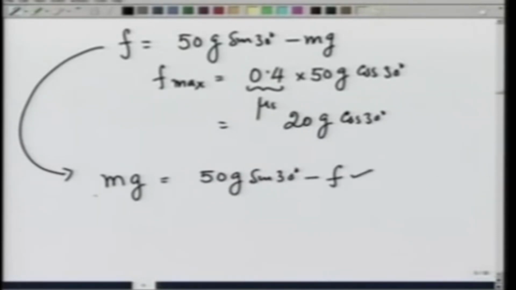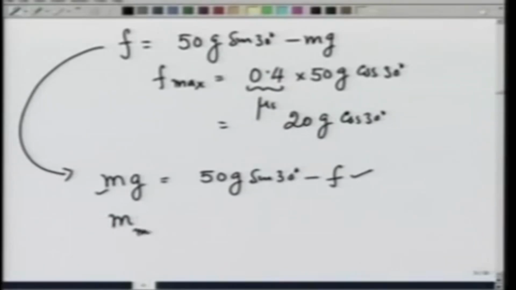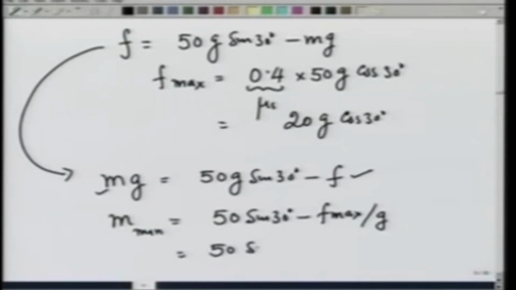When F is maximum, m is the minimum possible value of small m that gives me equilibrium. So, m minimum, that will give me equilibrium, would be equal to 50, I am dividing by g on both sides, sine 30 minus F max divided by g, which is 50 sine 30 minus 20 cosine 30 degrees g divided by g.